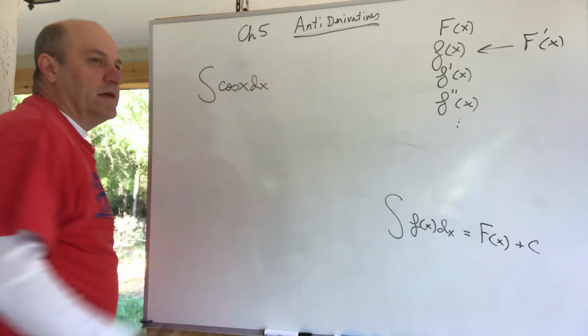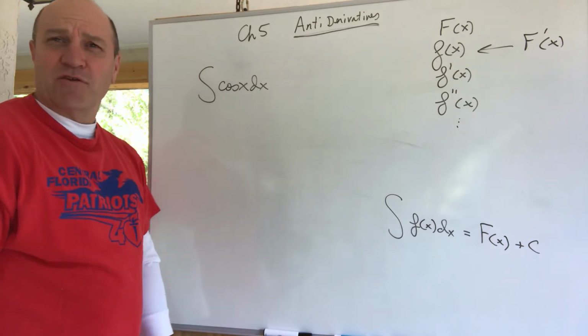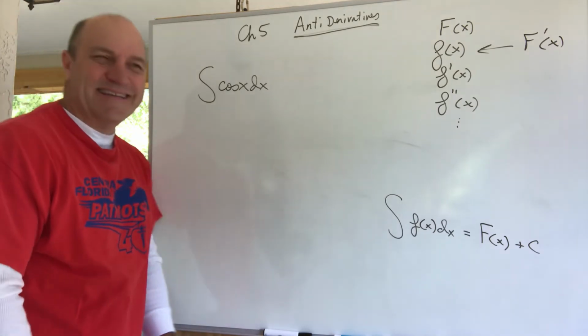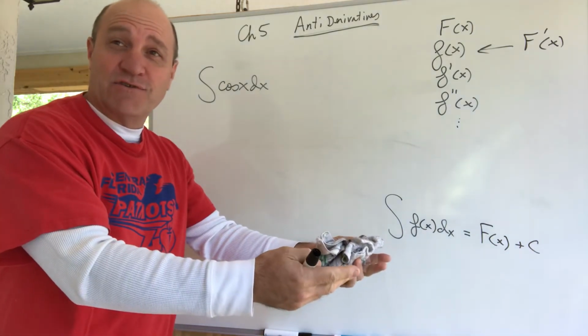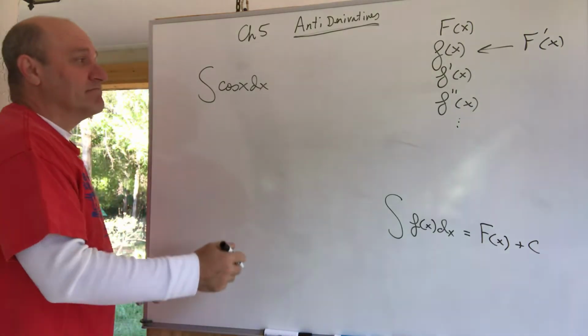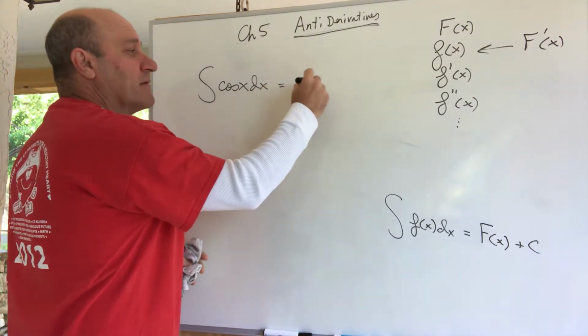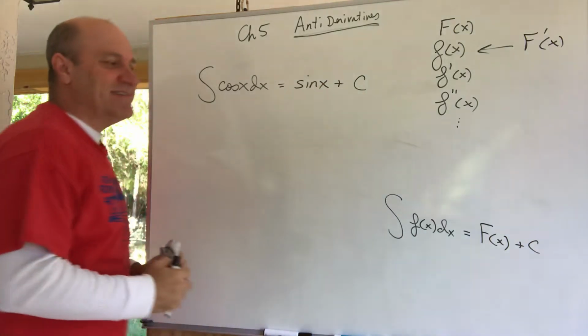Well, you're looking for the antiderivative, I mean, you're looking for, hang on, the derivative of sine x is cosine x. So what's the integral of cosine x? I think it's sine x plus c, plus some arbitrary constant.